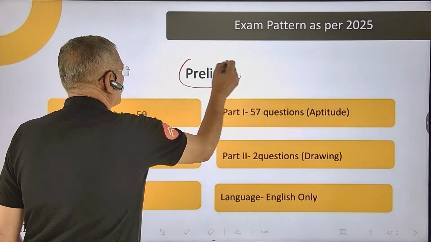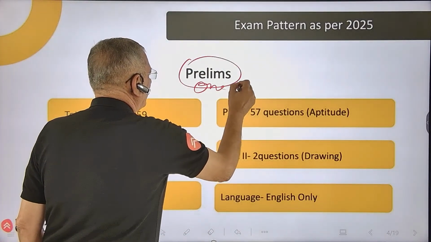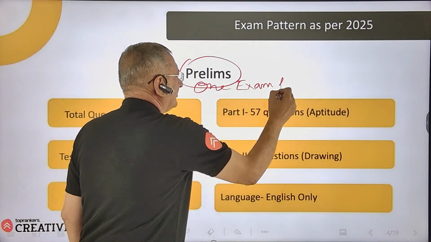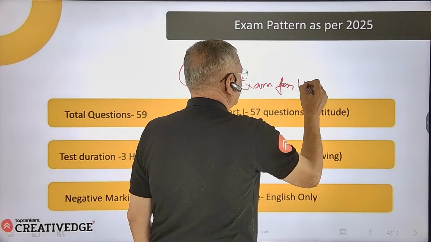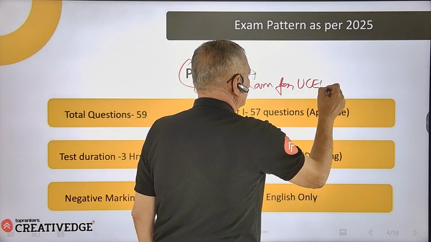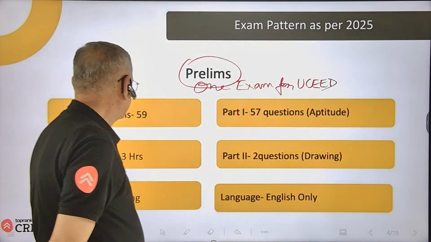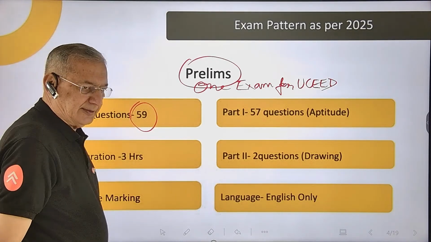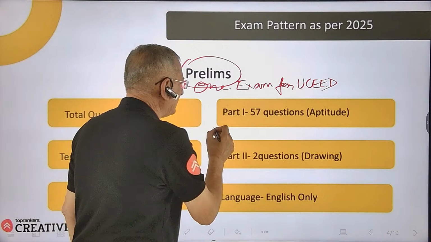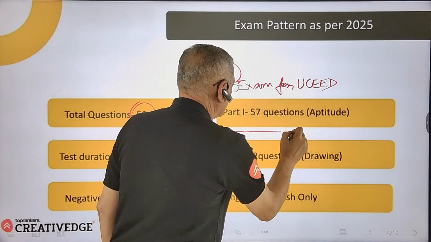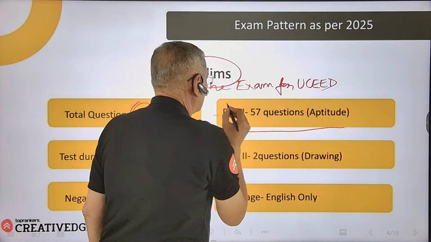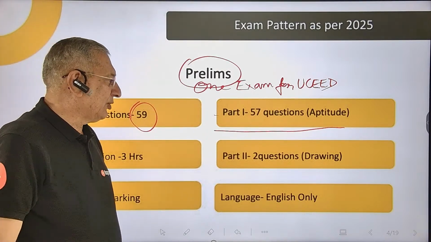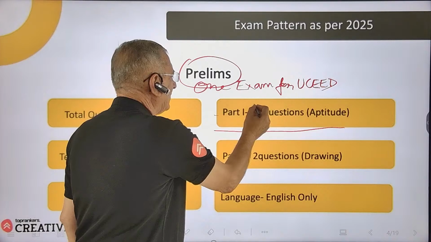The prelim, so to say, is only one exam for UCEED. Total questions 59, out of which the first part is aptitude, and aptitude has 57 questions.